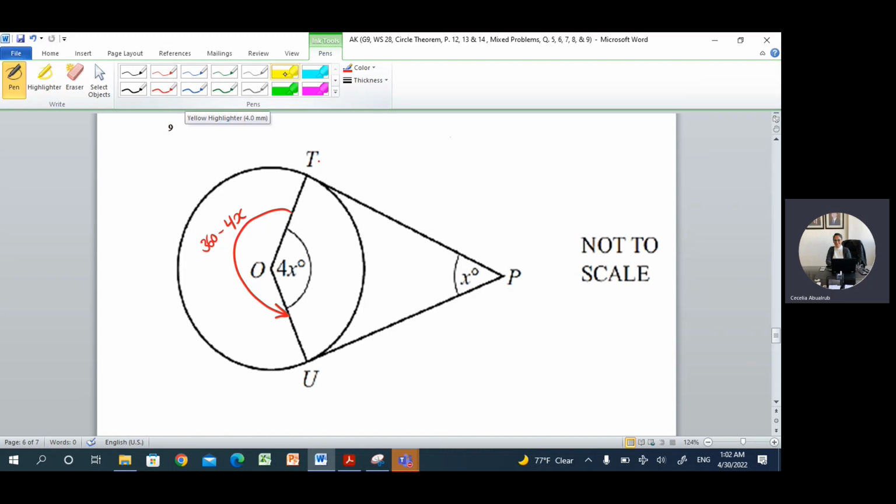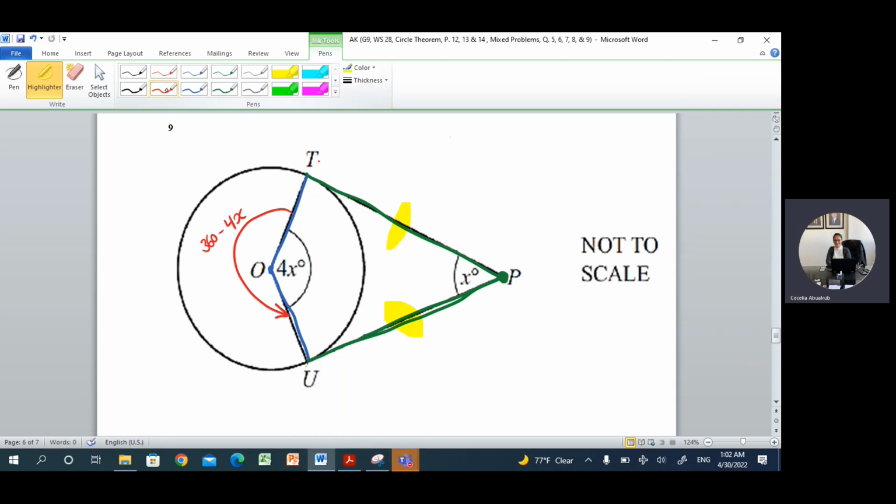And we also have radius OT and radius OU, and we have tangent TP and UP, and both tangents TP and UP meet at the exact same point, which means that this side is equal to this side.